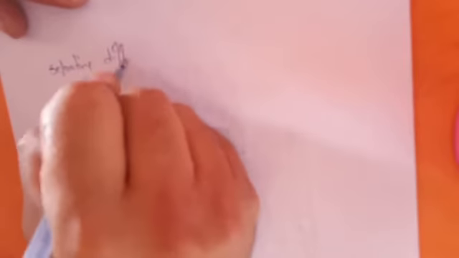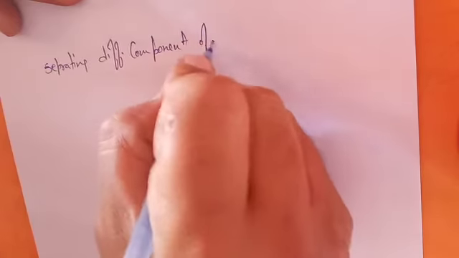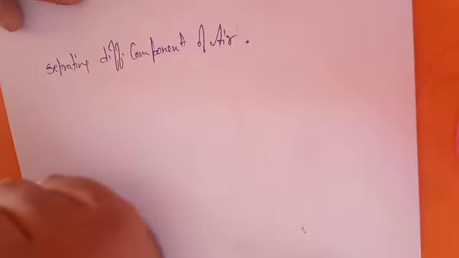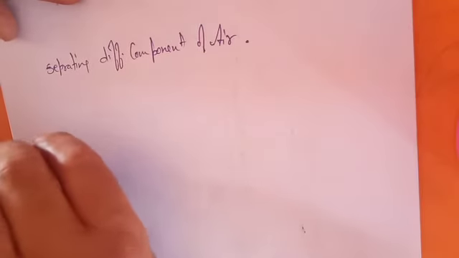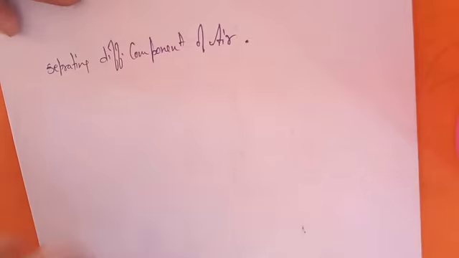Now the next thing we are studying is separating the different components of air. First I am telling you step by step, and you have to pay more attention to the diagram as well, to what I am saying and what is happening at that time.